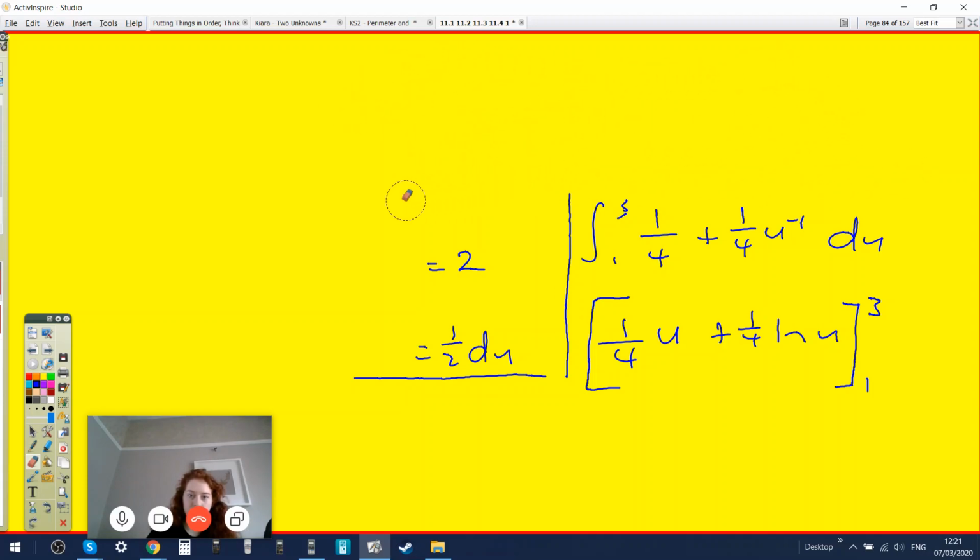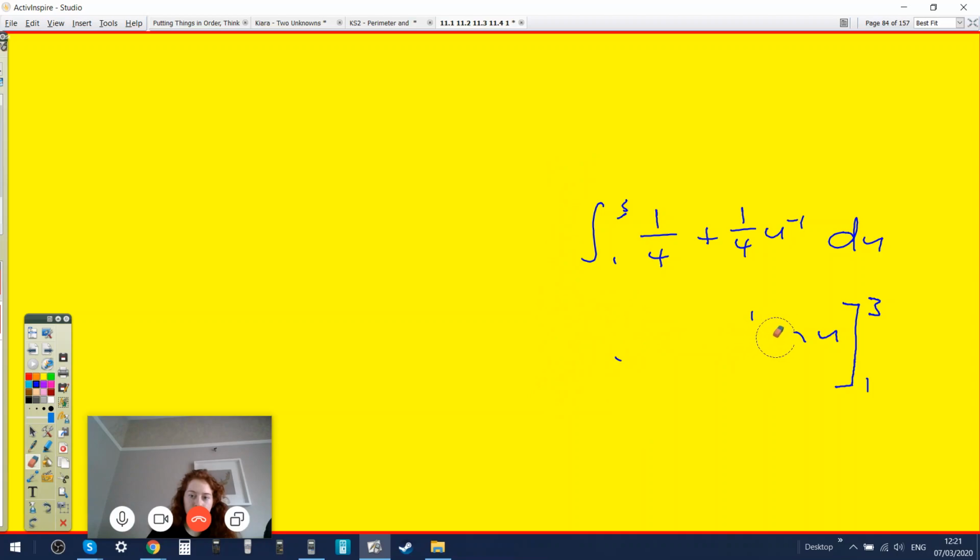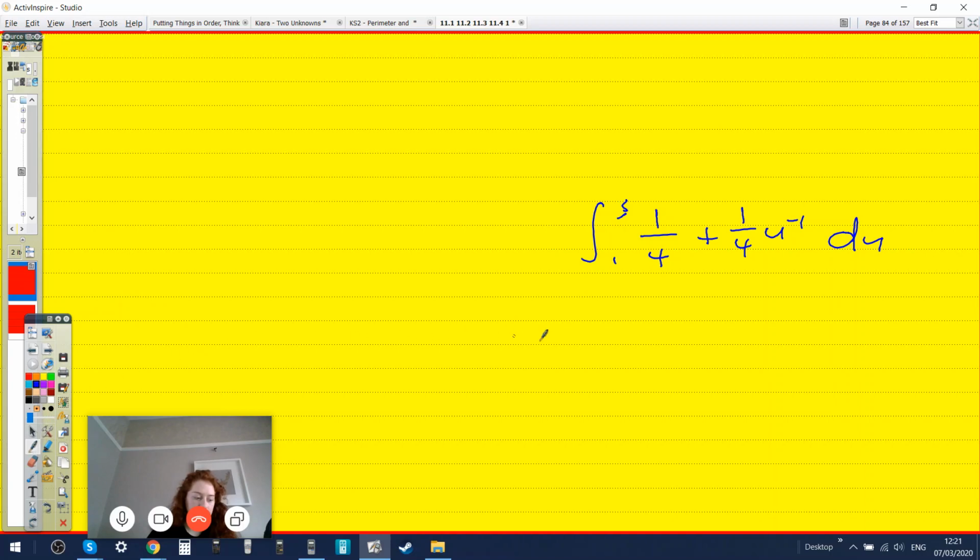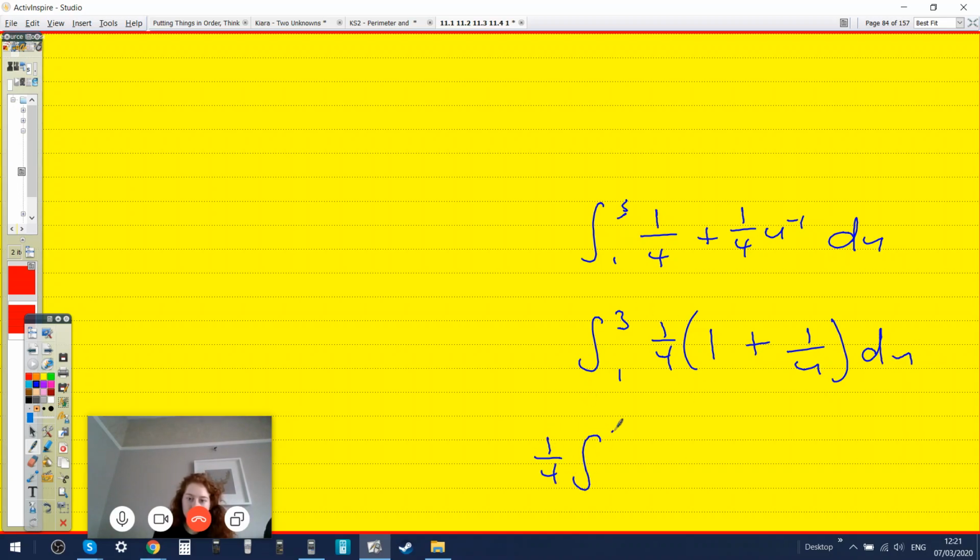So we could factorize out that quarter, and because differentiation and integration don't change the coefficient, if we were to factorize out a quarter and say that's 1 plus, let's say, 1 over u, you can then bring the 1/4 onto this side, and so you just integrate it and then you multiply your answer by a quarter. I don't know if that's easier or harder. Okay. It just takes away the, a quarter over u is just a bit weird, fraction of a fraction.